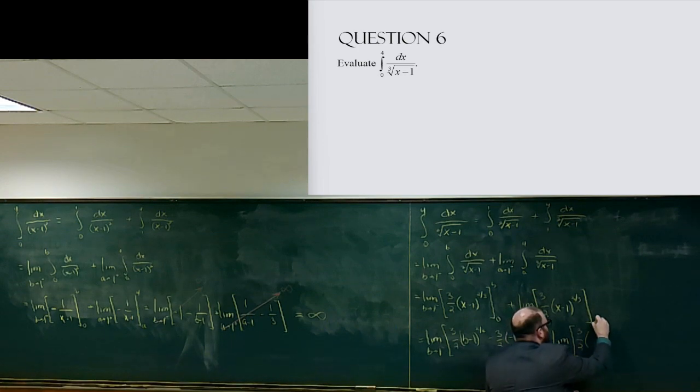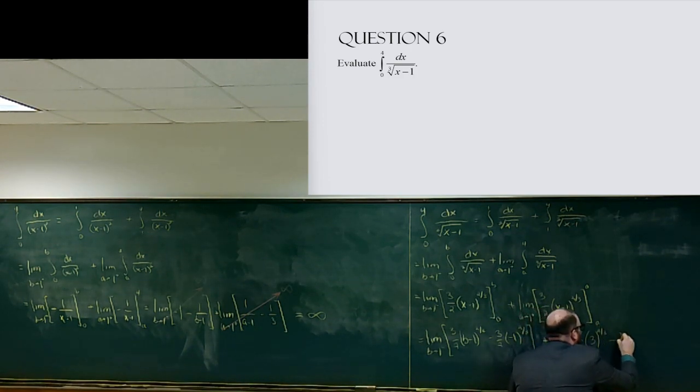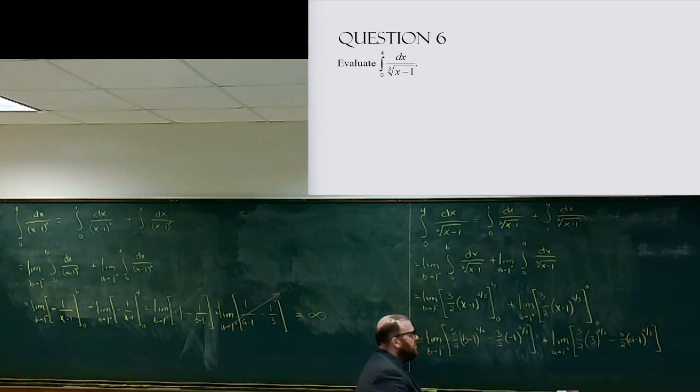Oh, I forgot to write A to 4 here. Then it'll be 3/2 of 3 to the 2/3 minus 3/2 (A minus 1) to the 2/3, right?